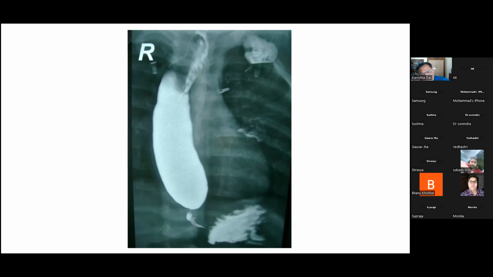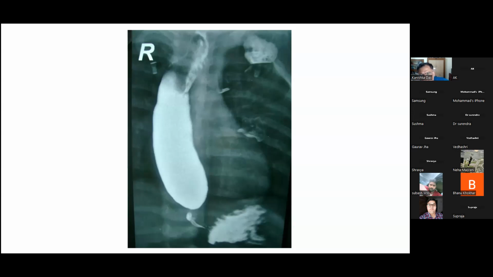Yes, sir. Okay. What are the lower esophageal strictures you have seen? Common ones which we find in children, one or two common ones. I've not seen any stricture as such.